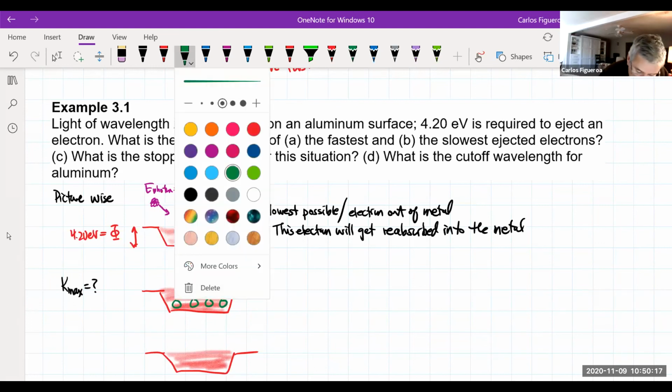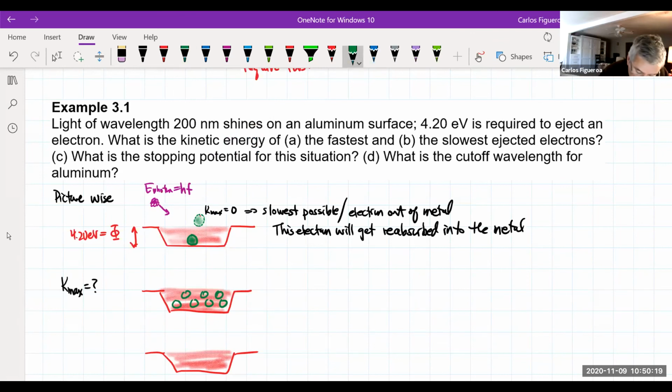One of these electrons is going to be right at the top, and then you see these other electrons that are going to be at the bottom. Now I'm going to focus on these 2 green electrons right here.